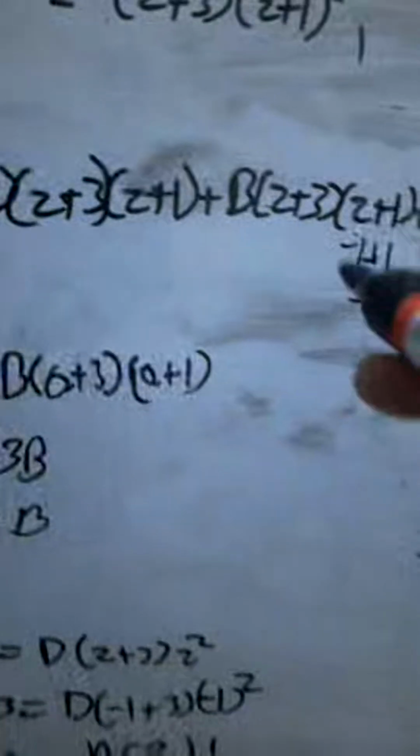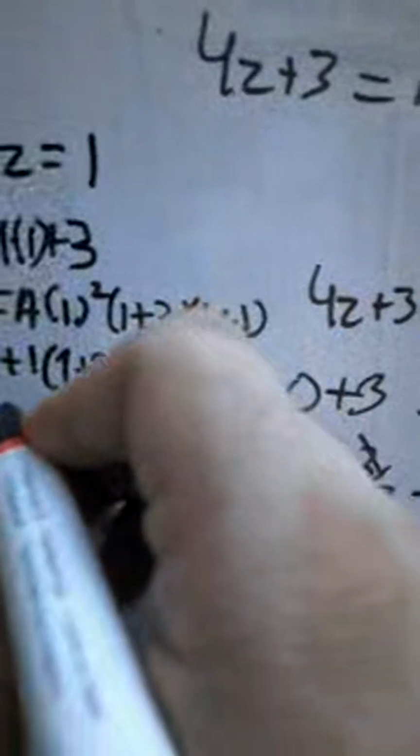Now b we know is 1, so plus 1 into z plus 3, z we have taken 1, so 1 plus 3, 1 plus 1, plus c, we have found out it is half.